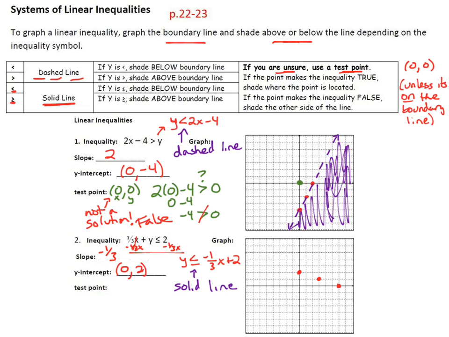So I can draw a nice straight line passing through those points, and I can extend this a little bit further. And then we said y was less than, so we'll be shading below.